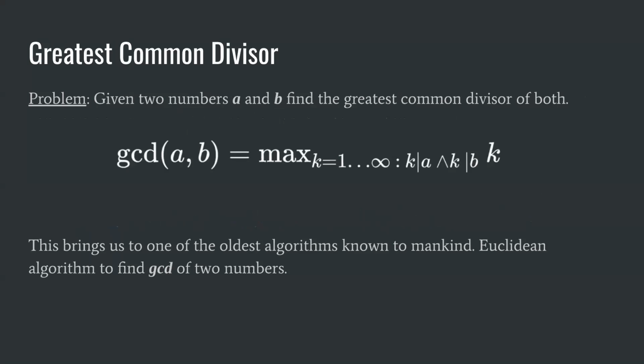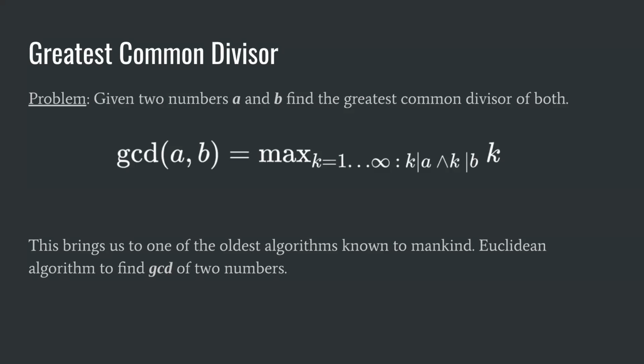So this is one of the oldest algorithms devised ever by mankind. What we try to figure out is the greatest common divisor, the greatest number that divides both A and B, right?